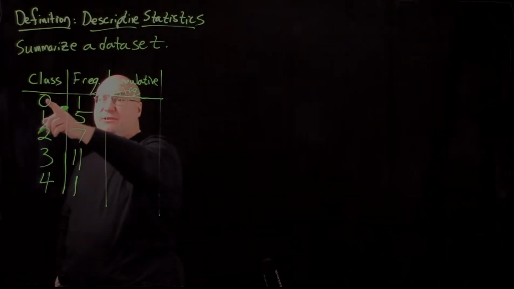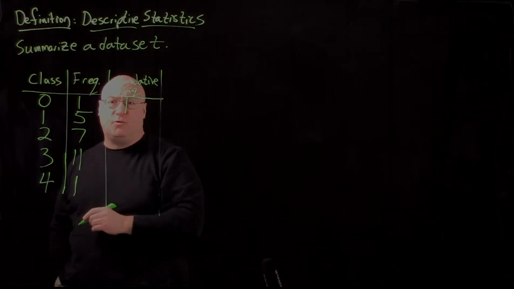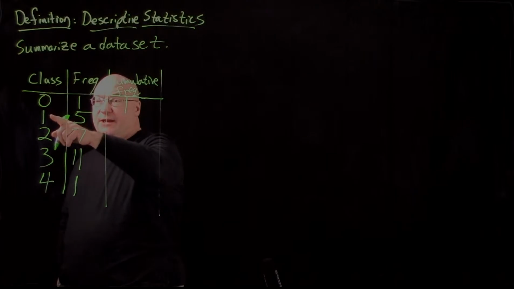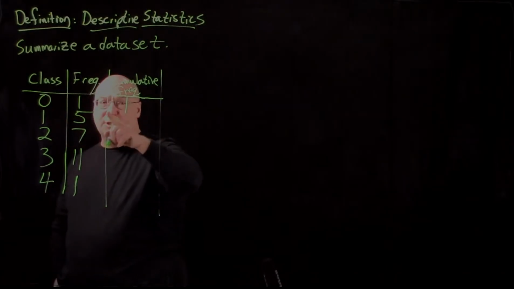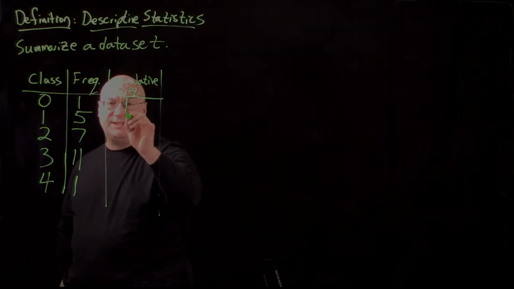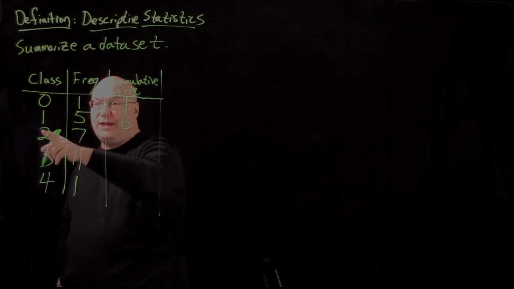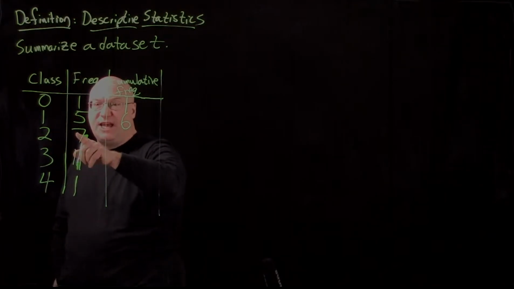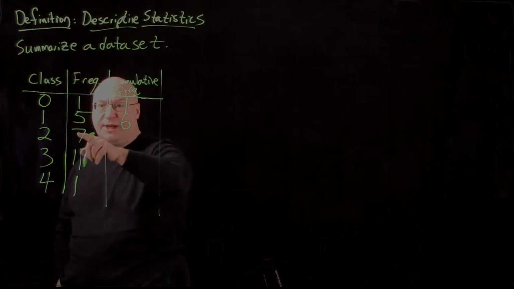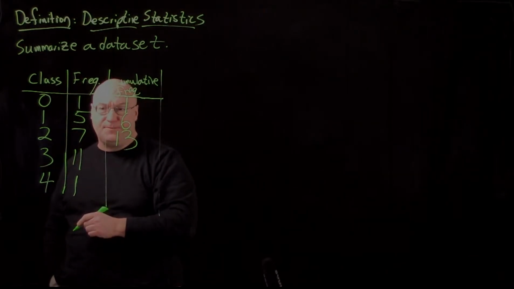So in other words, the very first class with the data value of 0 has a cumulative frequency of 1. The next class has a cumulative frequency of 5 plus 1, which is 6. The next one has a cumulative frequency of 7 plus 5 plus 1, or I can just think 7 plus 6, and that gives me 13.